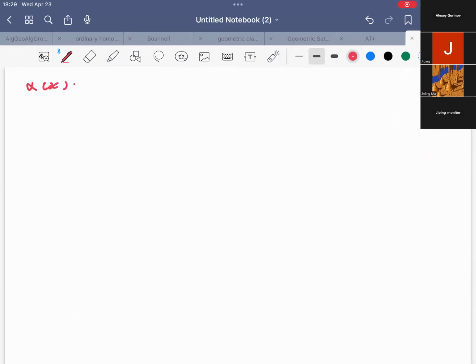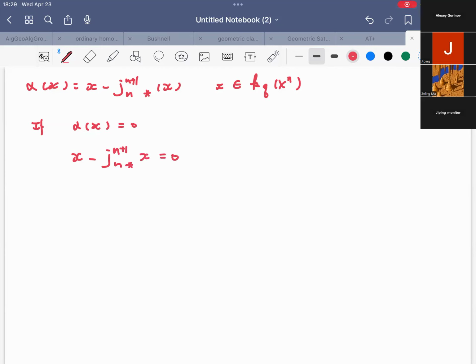Rf is x minus g_{n+1} star x. Therefore, x in Q. So if this of x equals 0, that means alpha minus g_{n+1} star x equals 0.